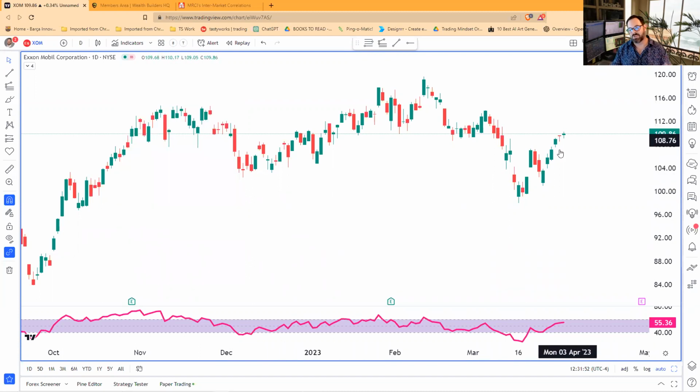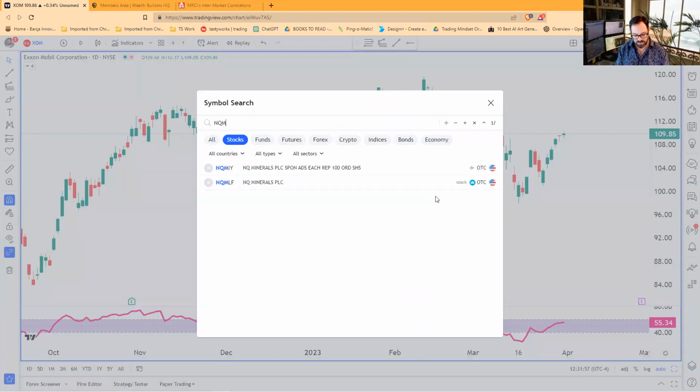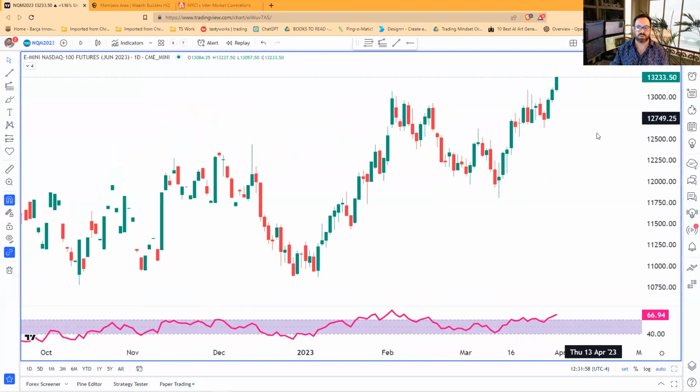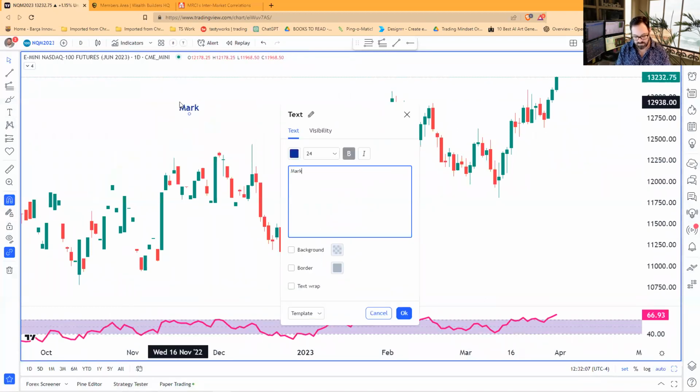Okay, doesn't matter too much on stocks, but when you go to futures, for instance, NQM 2023, the market value of the NASDAQ is 13,233. So the market value of a security is what you see on the chart or quotes.